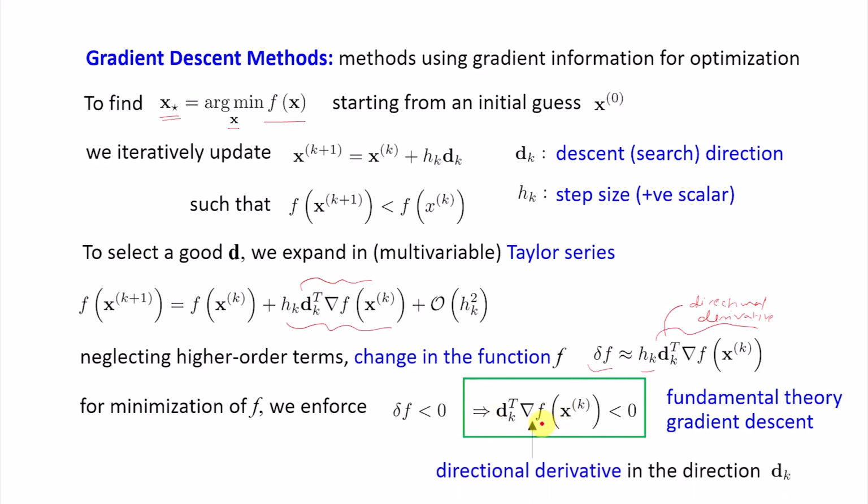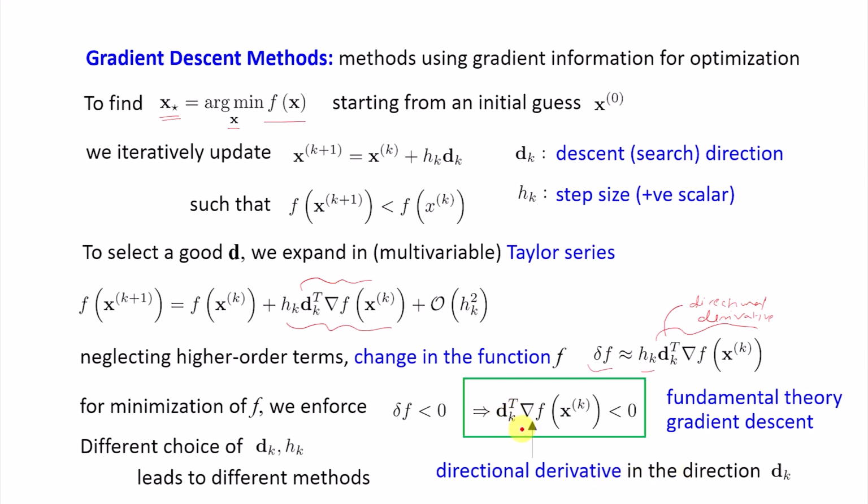How we select d and h will lead to different methods, but any value of d that obeys this relation, that its inner product with nabla f is less than 0, is a good descent direction. And this inner product of d and nabla f is what we call the directional derivative in the direction of dk.